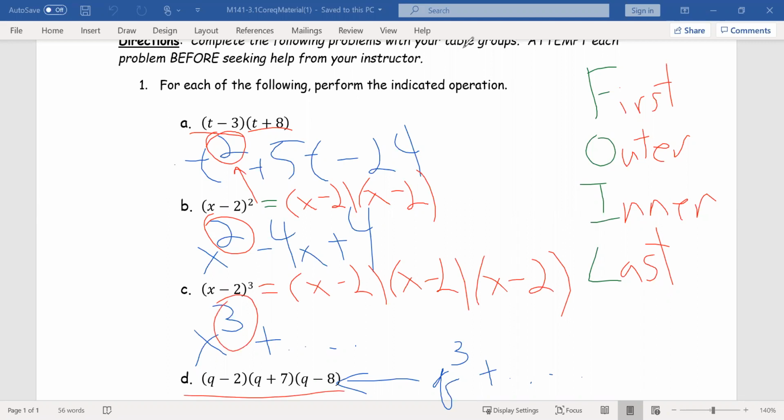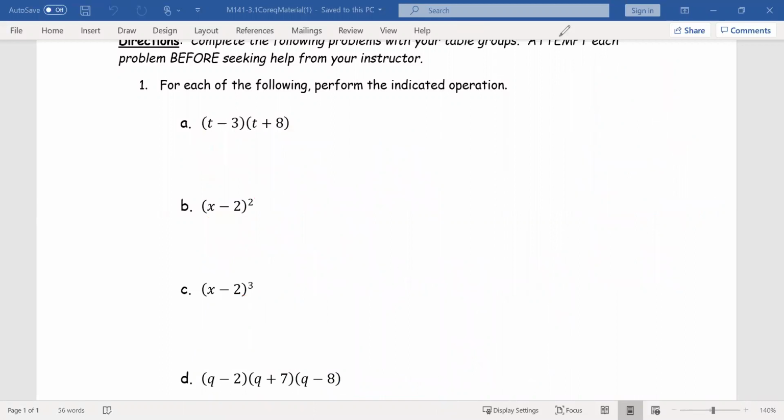And for the last one, we had q minus 2 times q plus 7 times q minus 8, so 3 terms, and again, we ended up with a third power as our highest exponent. So I point that out because there seems to be some sort of correlation between the number of terms being multiplied and the highest power we end up with. Very interesting, right?